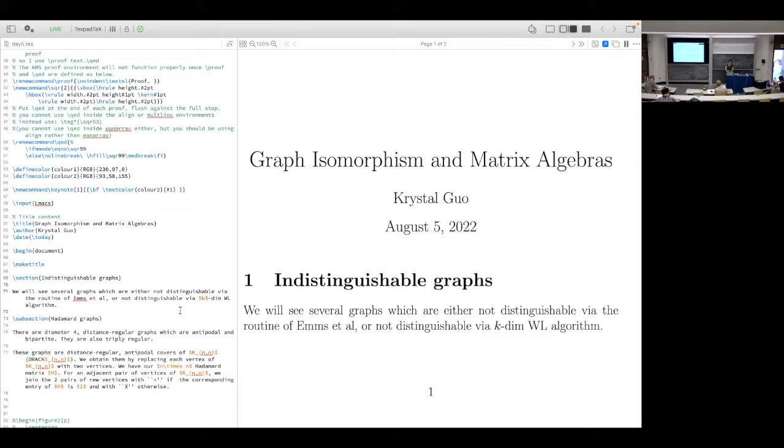And we can take those that are not distinguished by these methods as candidates to be two-equivalent.